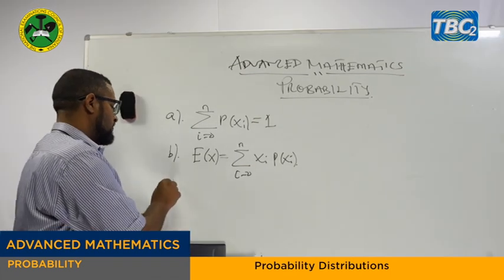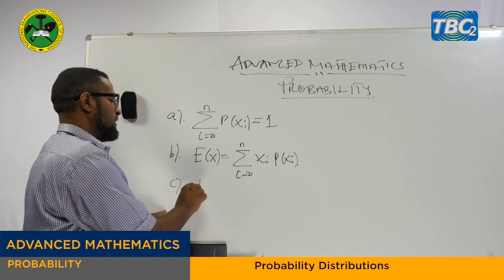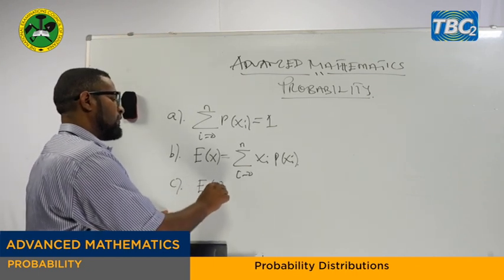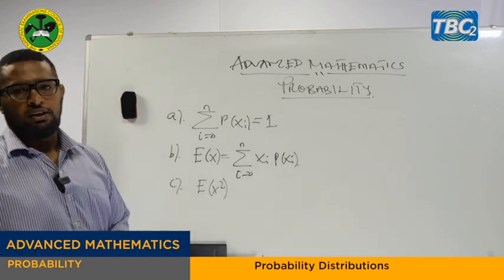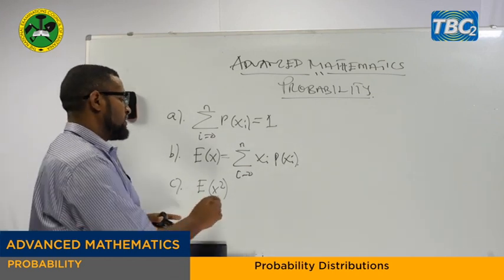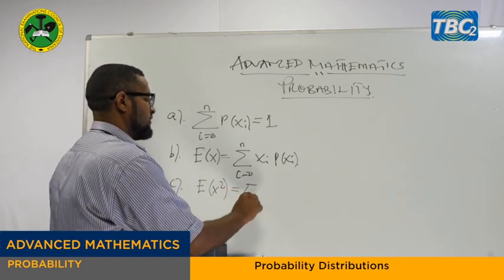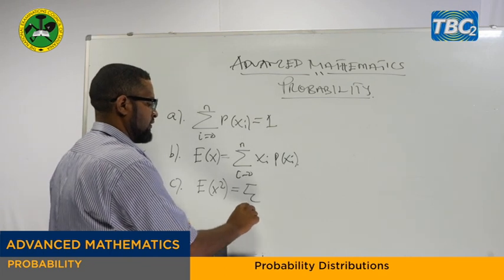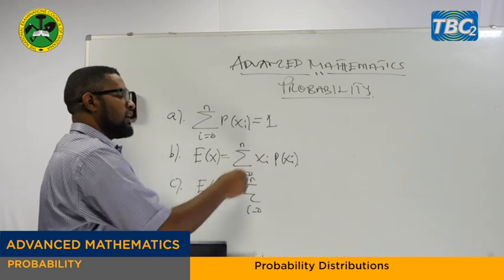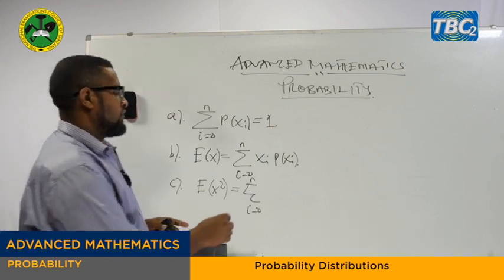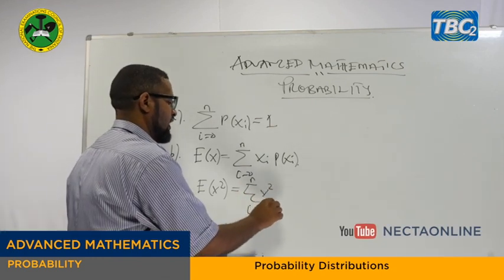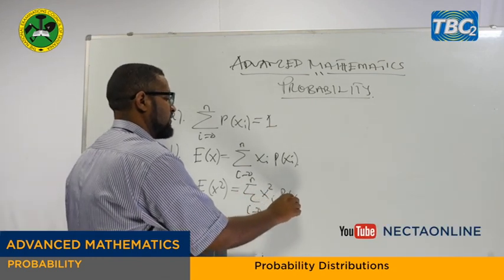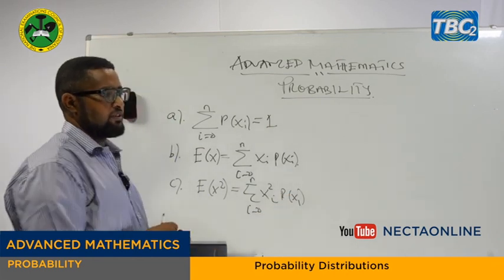Thereafter, you may be asked to find the expectation when the variable is squared. No problem. What changes here is the value of x. Instead of x only, it will be x squared times the probability of x.